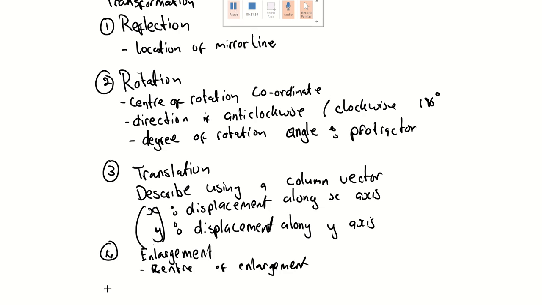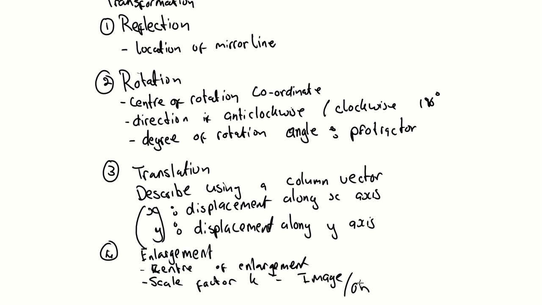Right, center of enlargement and your scale factor, which is also known as K. It is the length of your image over the length of your object. The number of times your image is bigger than your object would be your K value.